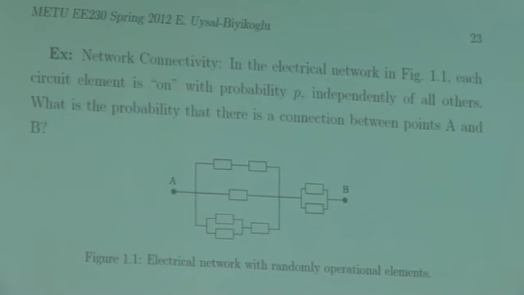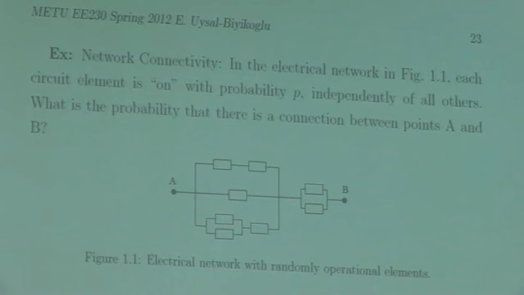Okay, here's the example. In the electrical network, in this figure, each circuit element, so these rectangles show individual circuit elements, okay? Each circuit element is on with probability P, independently of all others. Okay?